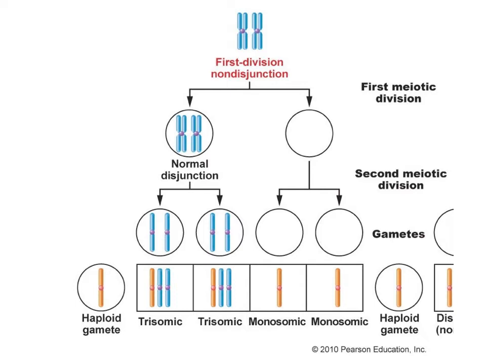Conversely, on the other side of this, you can see that the cell that resulted from the first meiotic division, the one that did not receive any copies of this chromosome, goes on to divide. The gametes have 0 copies. The other gamete brings with it a single copy, so those zygotes would be monosomic.